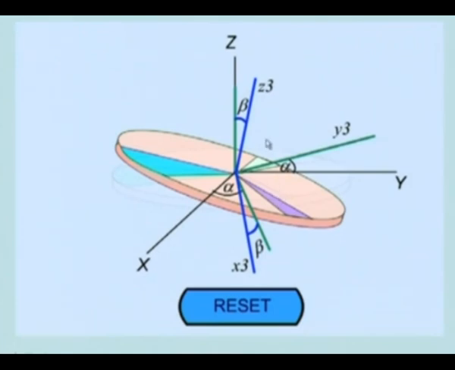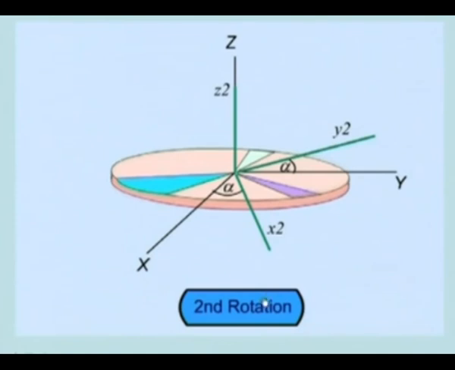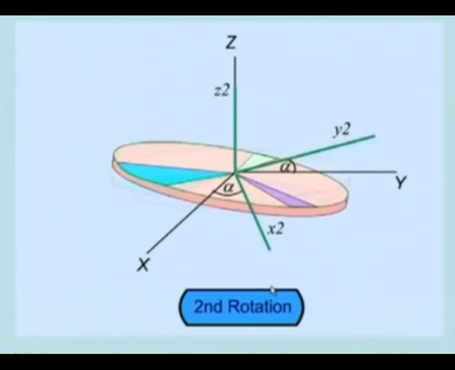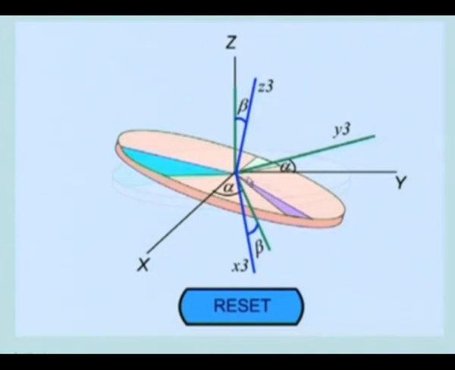So these two planes intersect, and that is called the line of nodes. We will see it again. This was the x2y2 plane, and then this gets rotated. Now this is the x3y3 plane, so their intersection will be called the line of nodes.